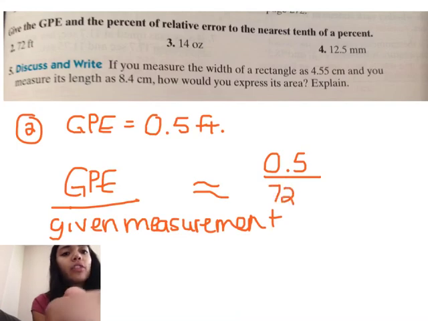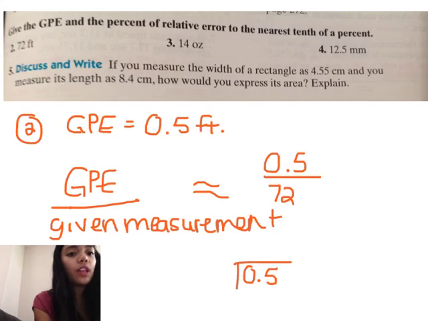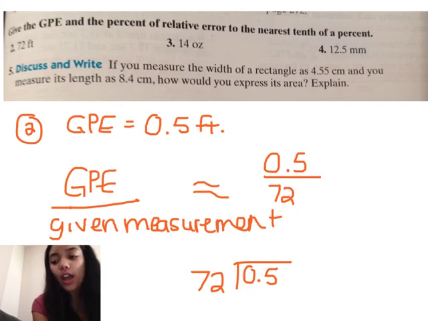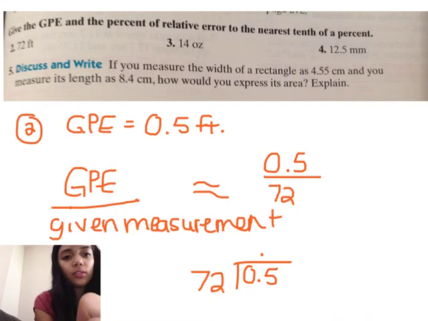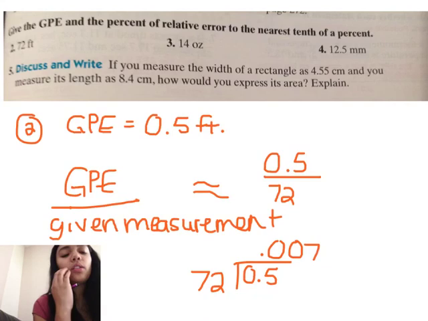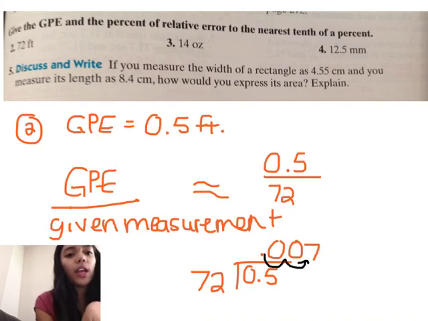So I have to do 1/2 divided by 72. So y'all are going to be practicing your division a lot. Top in, bottom out, 1/2 divided by 72. And you should have got 0.007, which is going to equal, to change it into a percentage, I just move my decimal 2 times to the right, and it's going to equal 0.7%.